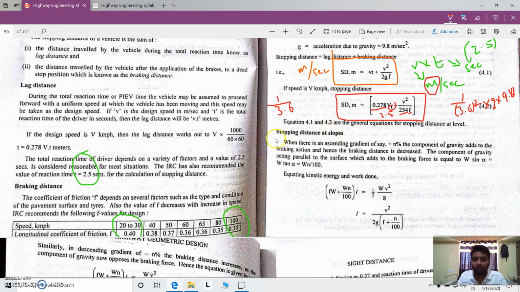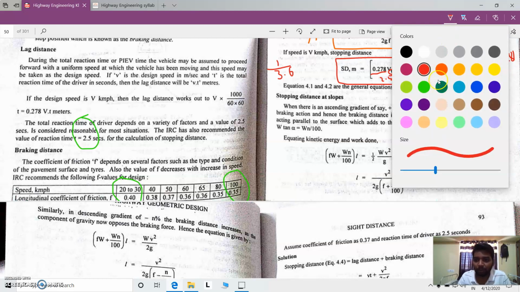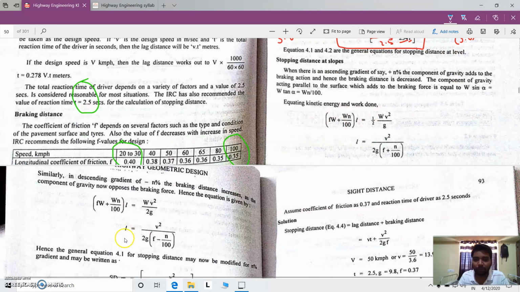But whenever you calculate the stopping sight distance on slopes, some percentage of gradient has to be considered in the plane of the road. The slope may be positive, that is an upward or ascending gradient, or a downward or descending gradient. That will be discussed in the next video lecture. Thank you.